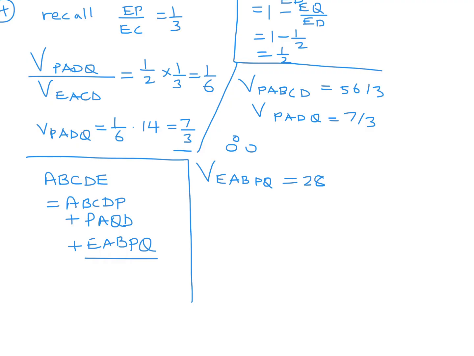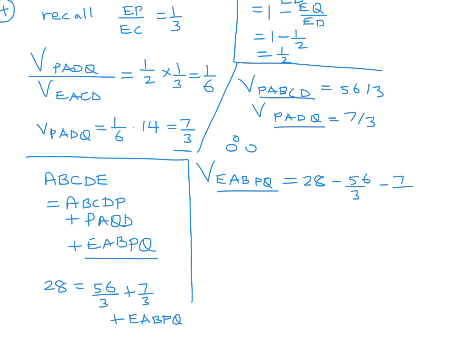And if we just use that formula, it would be 28 is equal to ABCDP, which is 56 over 3, and then PAQD, that'd be 7 over 3, plus our EABPQ. So if we isolate it for EABPQ, it'd be 28 minus 56 over 3 minus 7 over 3. Yeah, and then that is equal to 7.